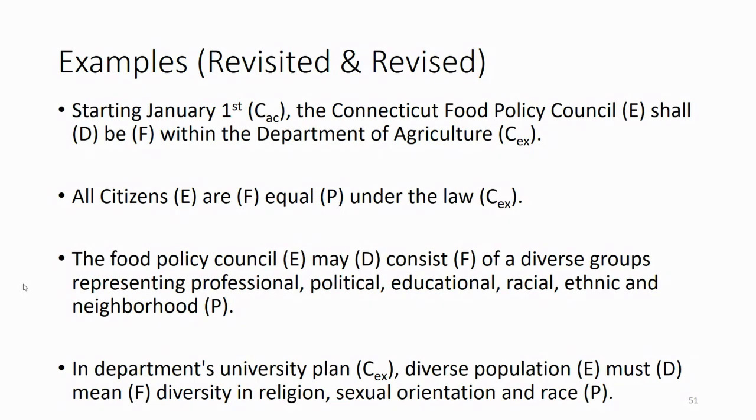Food Policy Council may consist of diverse groups, so there's a relationship that suggests that the Food Policy Council contains, in the widest sense, diverse groups of different kind. And the university plan example at the bottom, in the department's university plan, diverse population must mean diversity in religion, sexual orientation, and race, makes reference to the characterization of the diverse population in the first place, which is the constituted entity in this example.